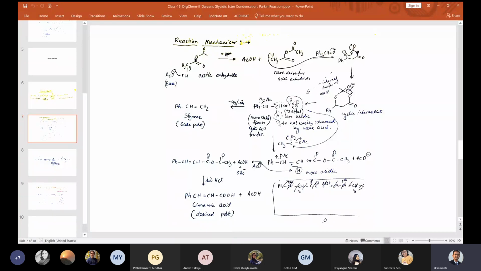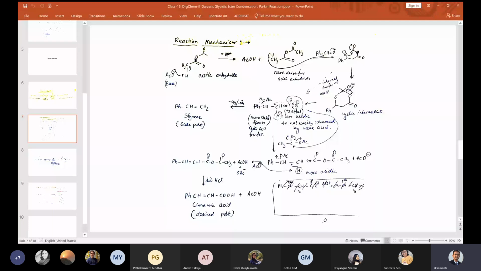Now here, if you see, this proton is actually not very acidic because of this carboxylate anion. This carboxylate group present here is electron donating in nature, not electron withdrawing, and that is why this proton is a bit less acidic.